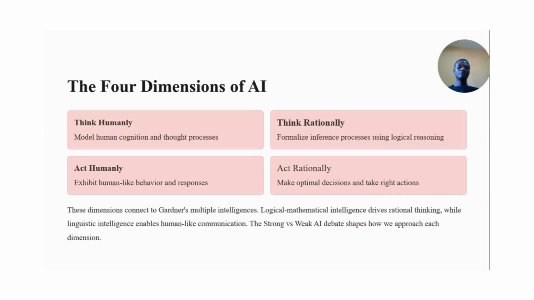Well, with that said, let us dive deep and look at the different dimensions that artificial intelligence tends to span. And more precisely, we shall look more deeply at acting human. But the major four include thinking like a human, and that means modeling human cognition.